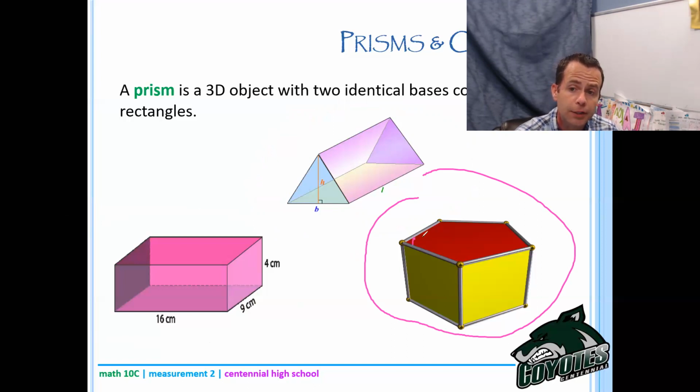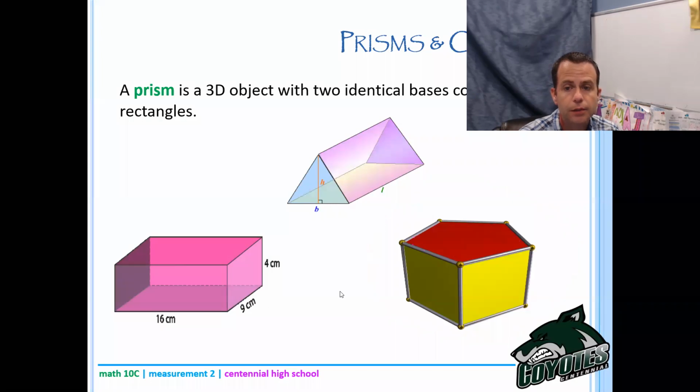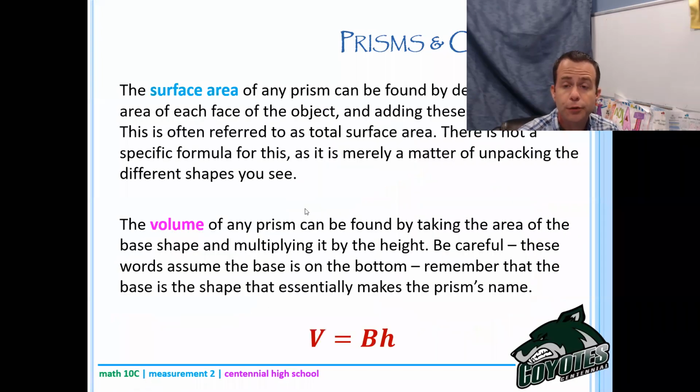The shape that actually makes it is this shape right here, which is a five-sided shape. A five-sided shape is called a pentagon. So we call that a pentagonal prism, okay? A pentagonal prism.